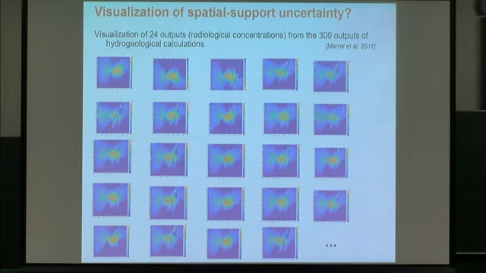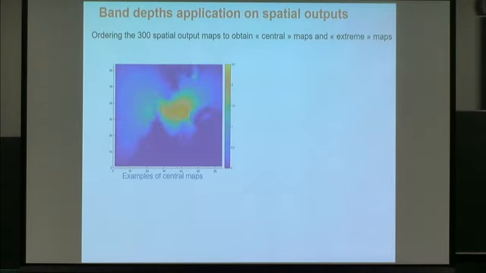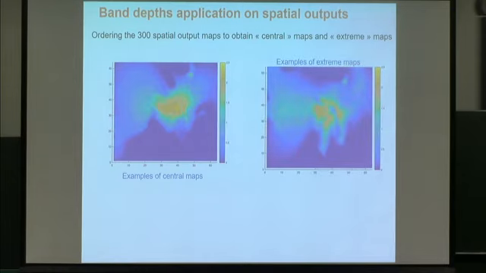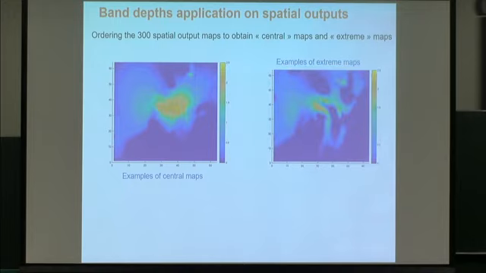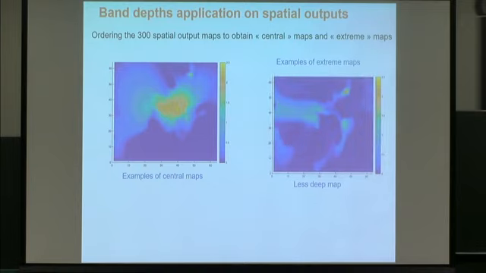This is the central map, which is the median. Here I just put some examples of central maps, and afterwards you see that we can detect some very different maps with an automatic tool. It's important also because with 300 or with 1000 simulations we cannot analyze this by hand. So this kind of tool is very useful to find this kind of map in an automatic way.